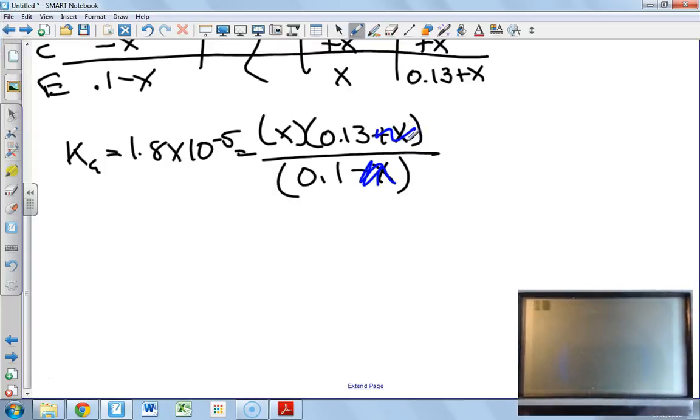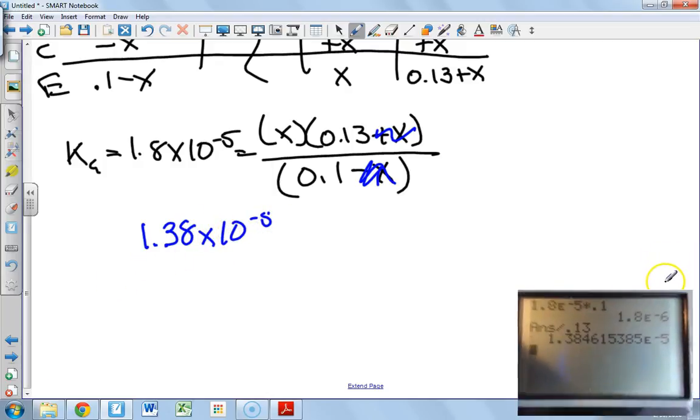So now we do 1.8 times 10 to the minus 5 times 0.1 divided by 0.13, and you get 1.38 times 10 to the minus 5.